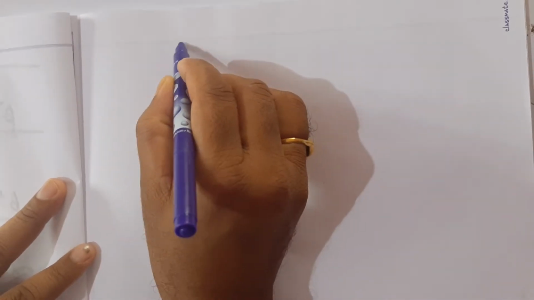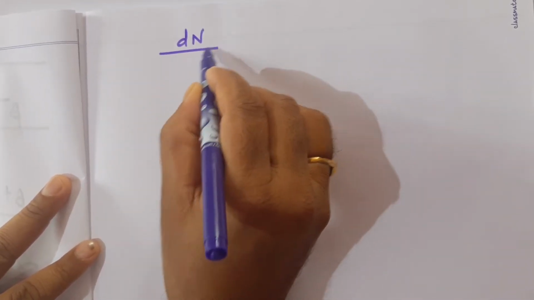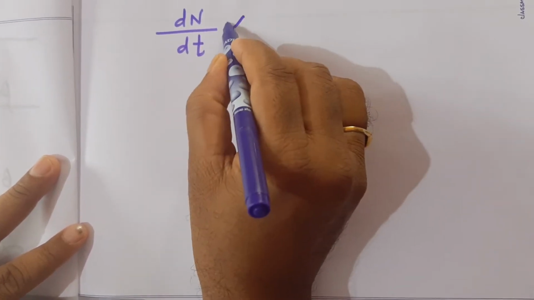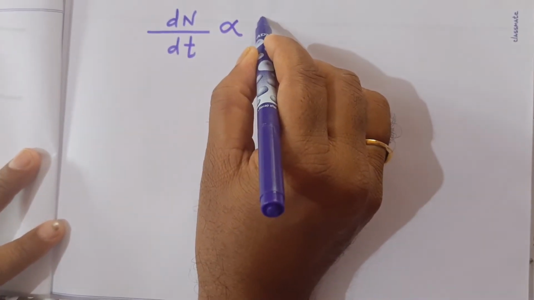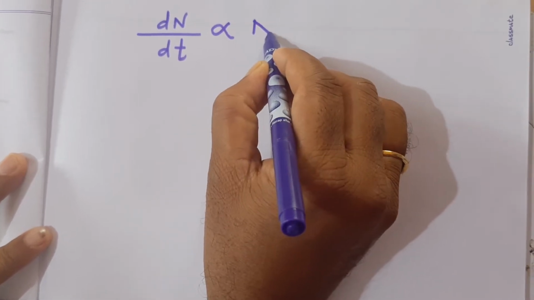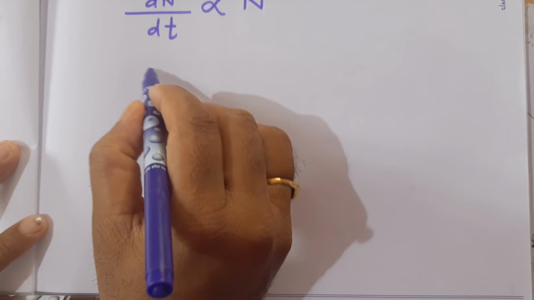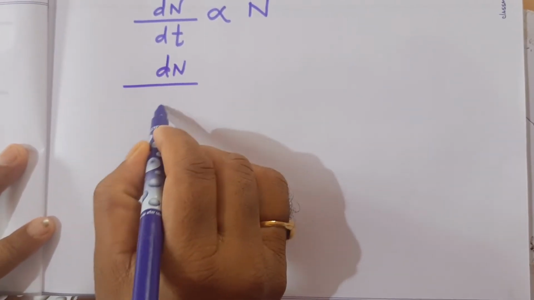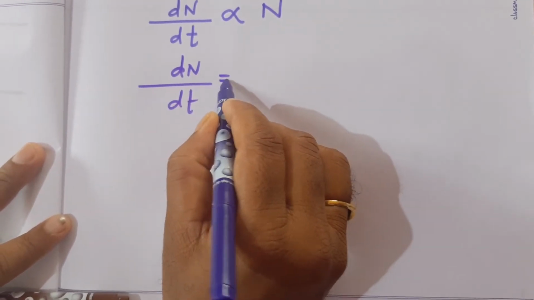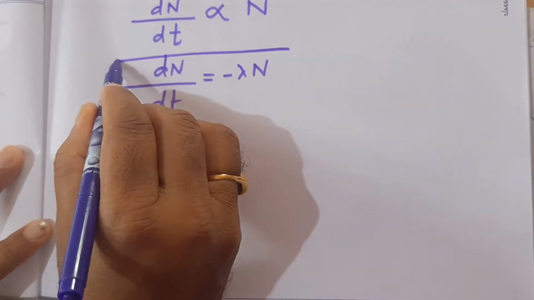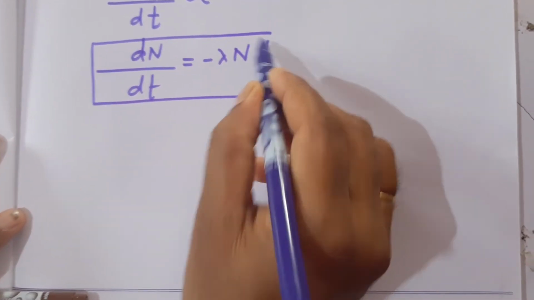So the fourth point is the rate of disintegration of a radioactive element. We denote it as dN by dt. It is directly proportional to the number of radioactive atoms N at that instant. We write it as dN by dt equals minus lambda N. This is called the law of radioactive decay.